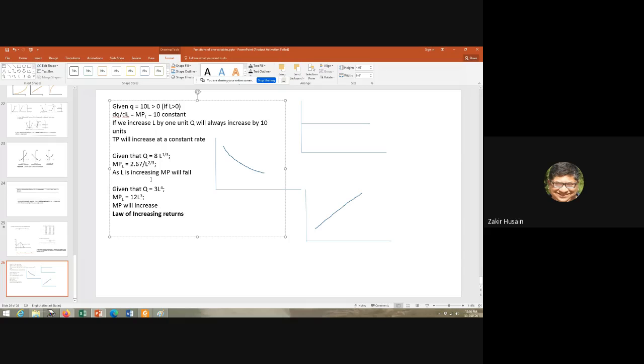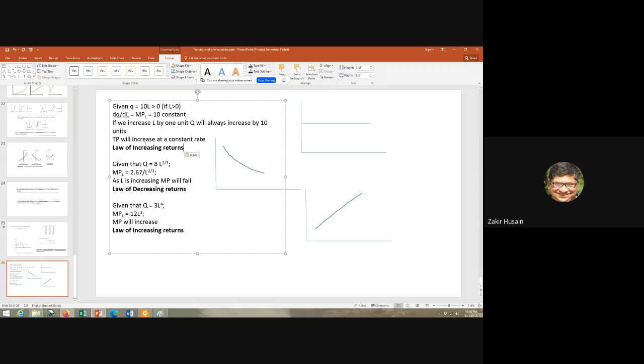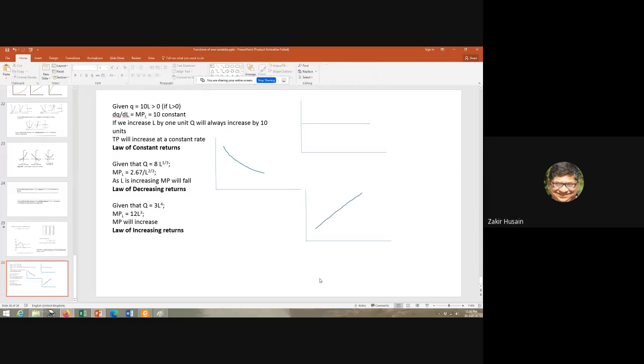If MPL is falling, we call it diminishing or decreasing returns. And this is the law of constant returns.